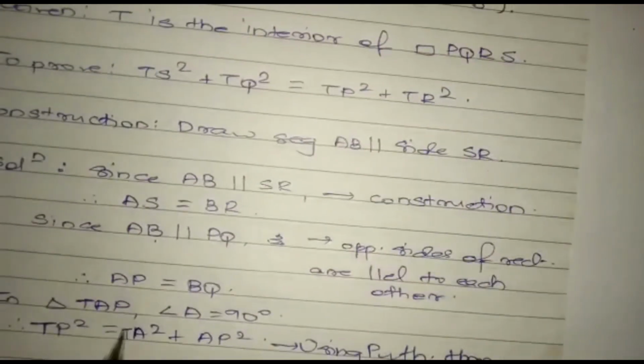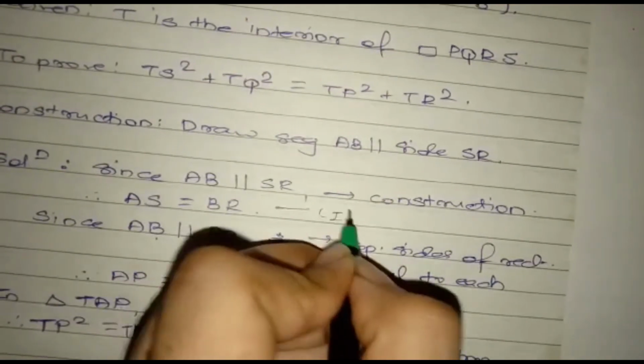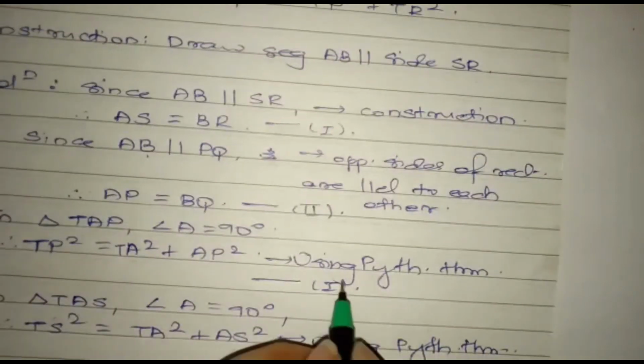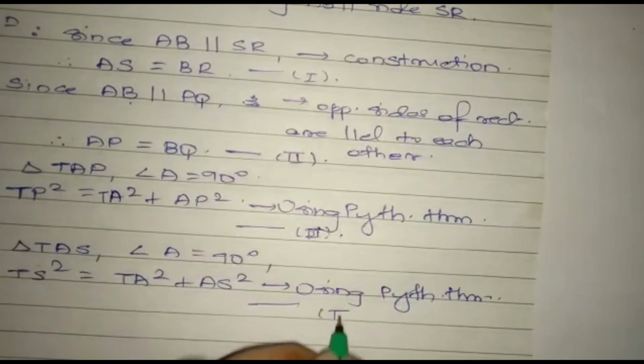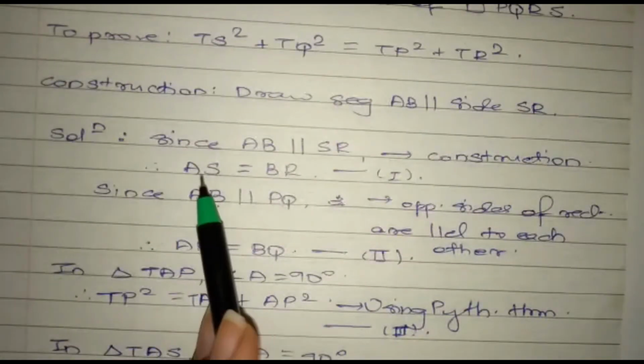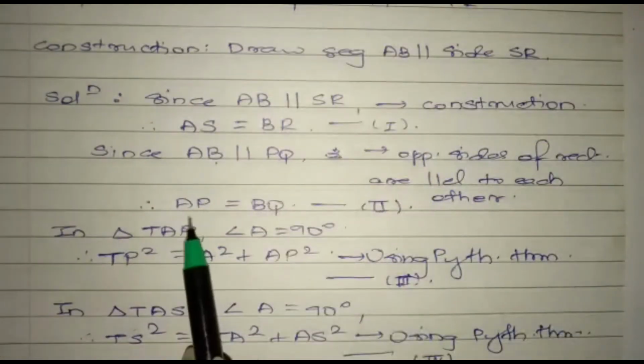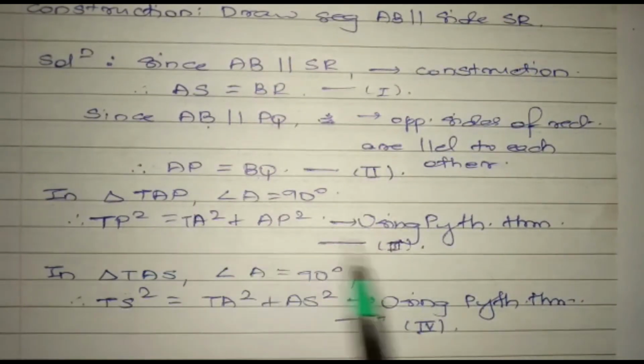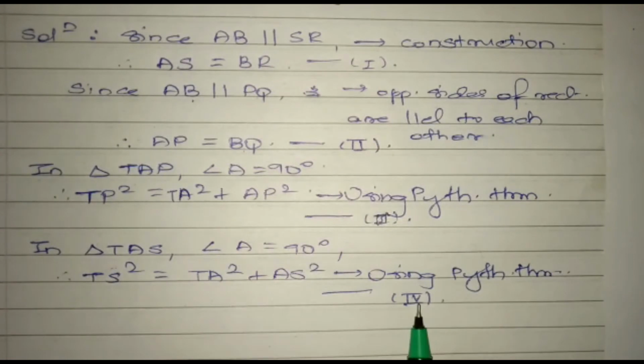I made a mistake. We will consider this as equation 1, this as equation 2, this as equation 3 and this as equation 4. That is, AS is equal to BR is 1, AP is equal to BQ is 2, this term of the Pythagoras theorem is 3 and this is equation 4.